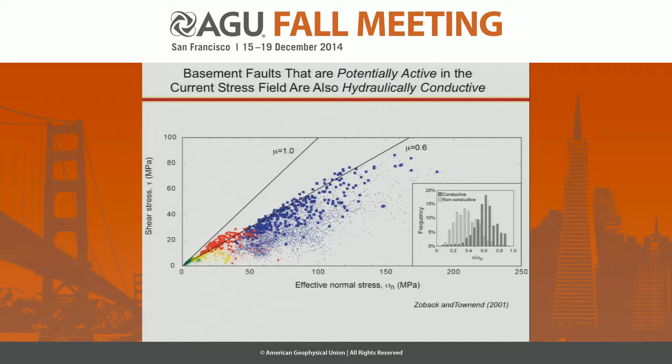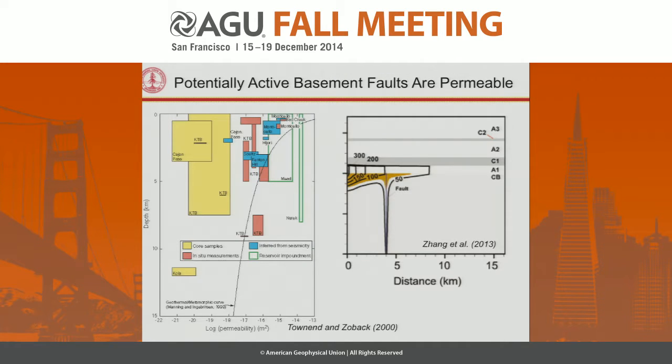And when you actually compare the two distributions, you can see that the peak for the hydraulically conductive faults corresponds to a coefficient of friction of about 0.6, the coefficient of friction of common rocks. So if a fault is active in a geologic sense, it's hydrologically active as well, compared to the matrix or compared to dead faults.